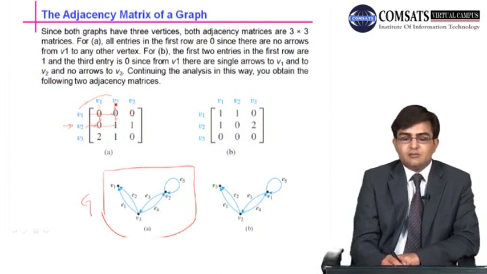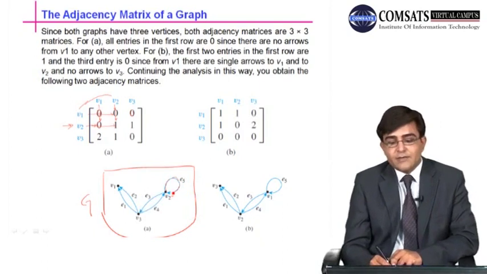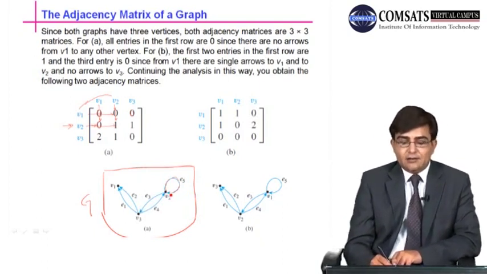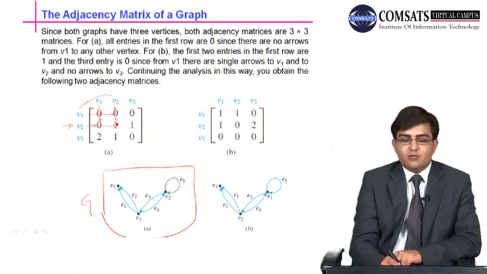From v2 to v2 we have one arrow. You can see its direction here. So here you have to count the directed arrows. We have only one directed arrow from v2 to v2, so we write 1. Now for this entry from v2 to v3, how many arrows are there from v2 to v3?